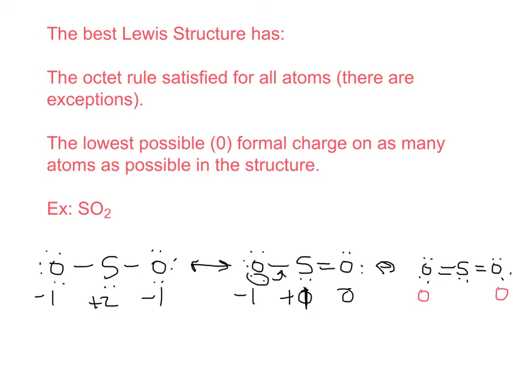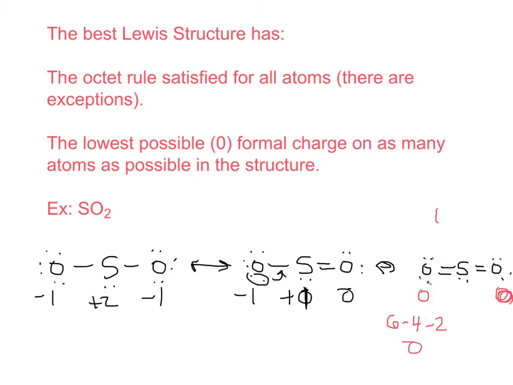How do I know that? 6 minus 4 unbonded electrons, 1, 2, 3, 4, minus 2, that would be half the number of the electrons that are involved in that shared bond with the sulfur. That's 0. Same thing for this one over here, 0. So let's move on to the sulfur.